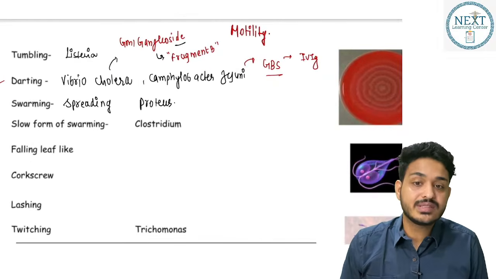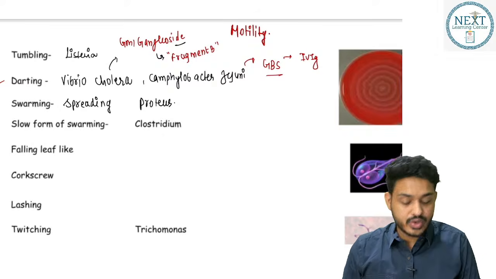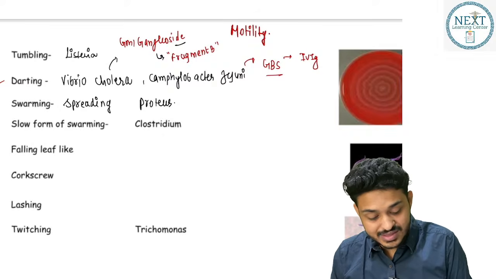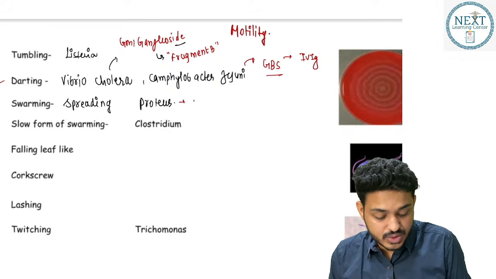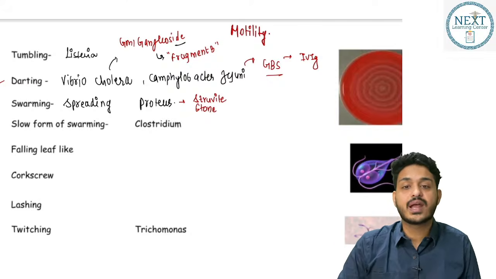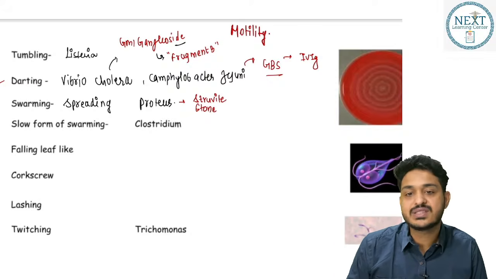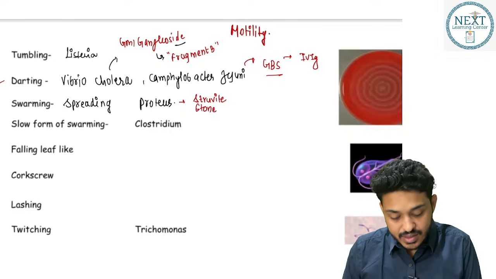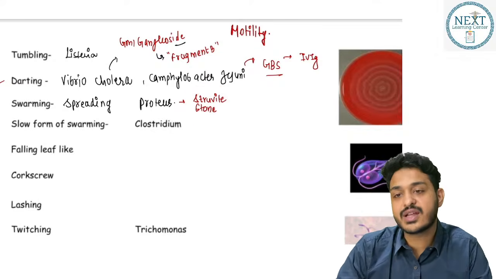What about Proteus? Important thing, this Proteus is going to cause some kind of stone. What is the stone it can cause? It can cause triple phosphate stone or staghorn calculi, which are going to be radio-opaque. That means they can be visible on the X-ray, right? So this is going to be your triple phosphate stone that can happen, right?